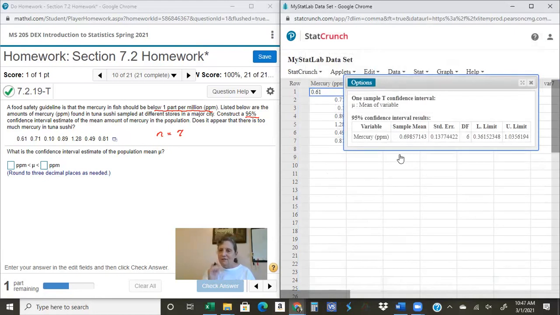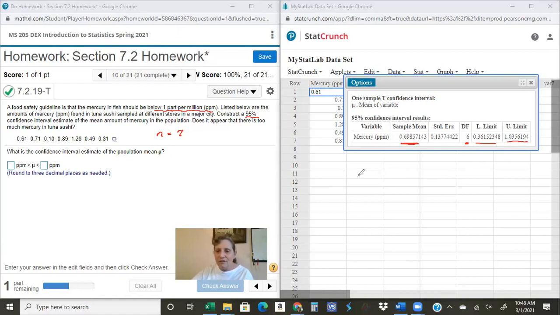Now they can figure out that the degrees of freedom is 6 because the computer can subtract 1. We know the sample mean. We know the lower limit and the upper limit.